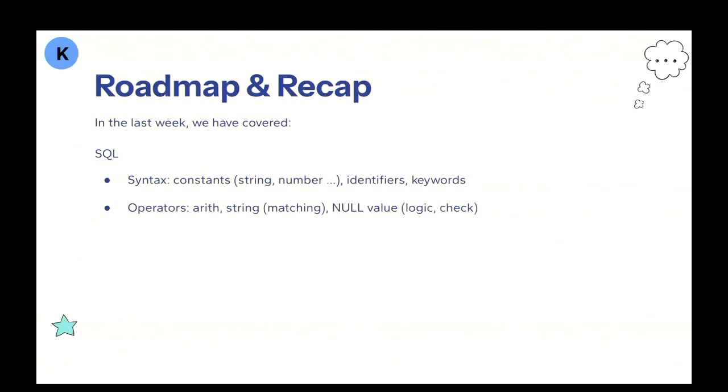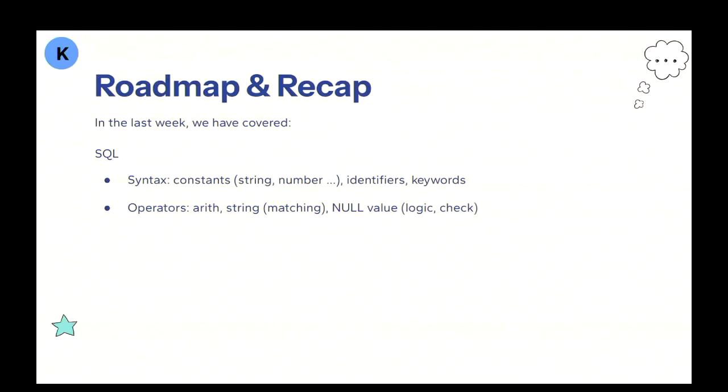For example, we have covered arithmetic operators, which are similar to other programming languages. We also covered string matching operators. We have two types here. The first type uses wildcard characters to do string matching, and the second type uses regular expressions, which are much more powerful.